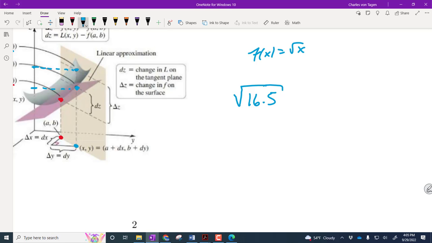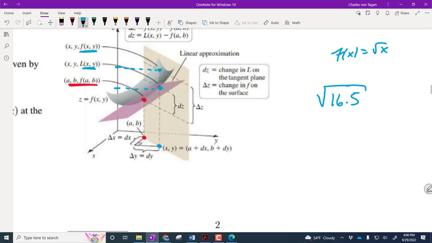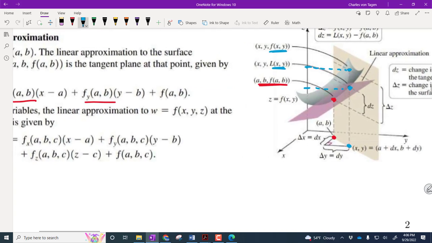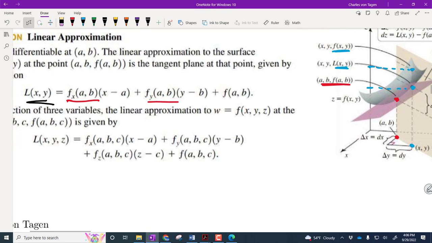That's how I try to sell it to my students in Calc 1 to convince them that this is a worthwhile endeavor. The real reason for linearization is what? In the real world, seldom does somebody say, here's a function, go do some work with it. In the real world, seldom are we given a function.